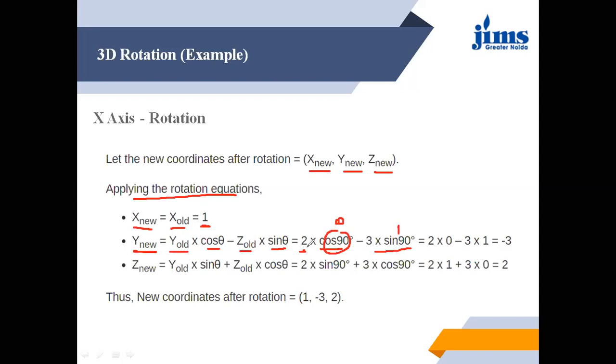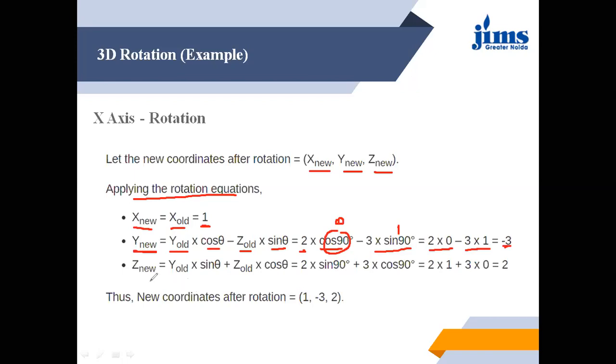So this is 2 multiplied by 0, that is 0, and 3 multiplied by 1 is 3, so that is minus 3. So the new y coordinate is minus 3.